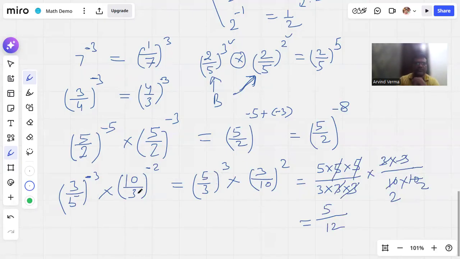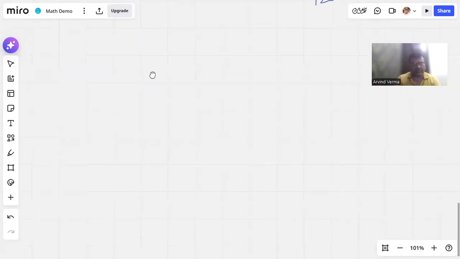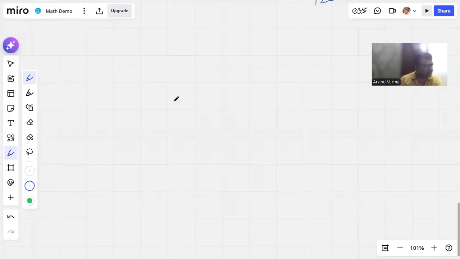Same with (10/3)^-2: reciprocate the base to 3 upon 10 raised to the power 2 and then simply solve it. I think everything is going well and there is no doubt so far. If you have any doubt, you can ask me.